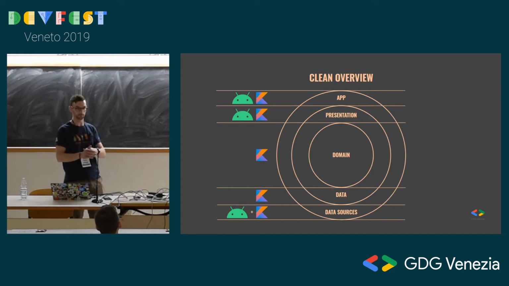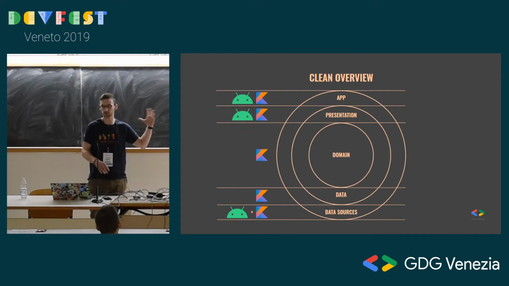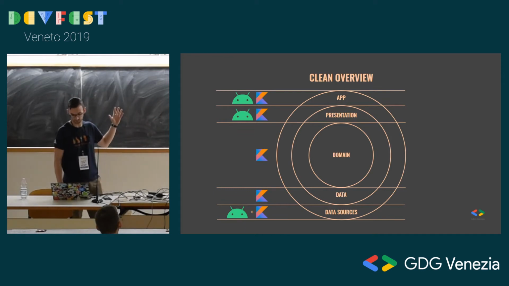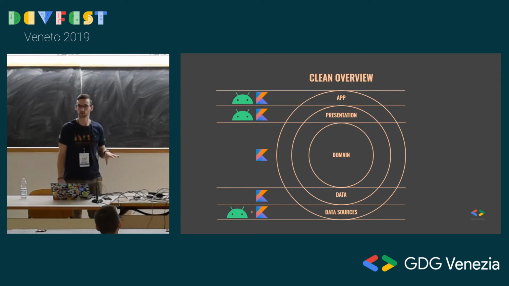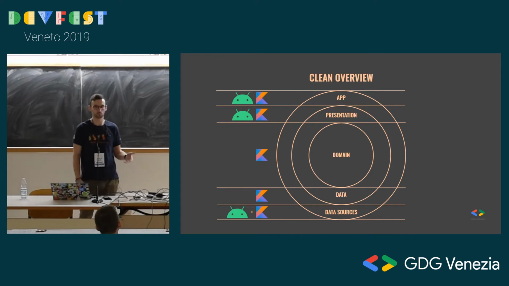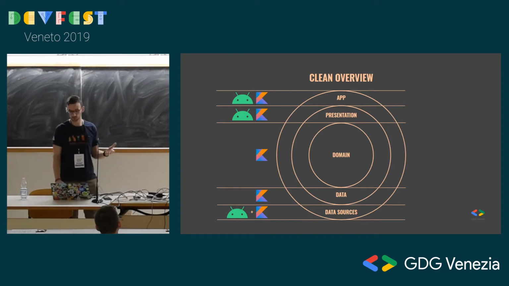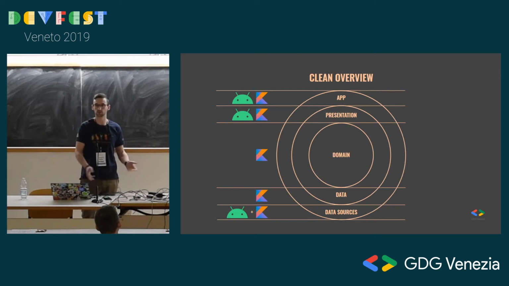between the components in our app, and the powerful concept behind this approach is that we can have layers which are completely separated from the Android framework, which is quite powerful if you think about building a project which is going to run on several different platforms.